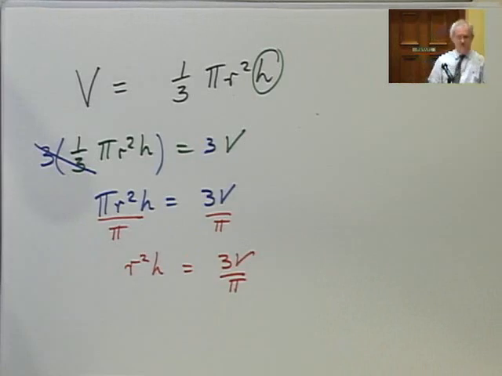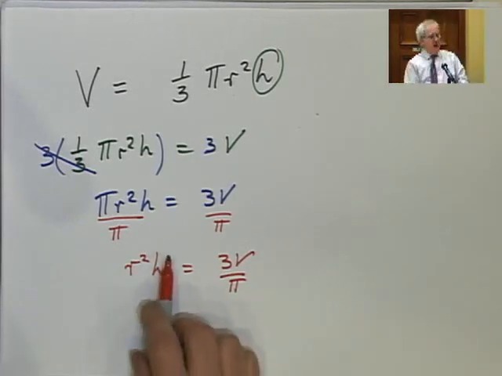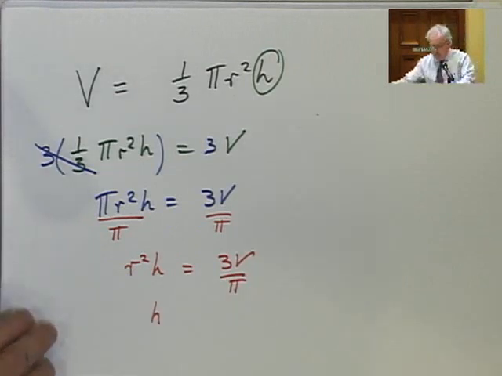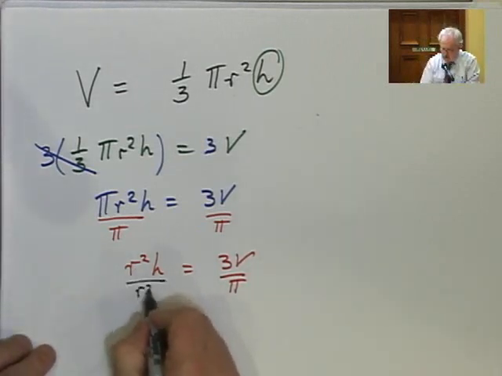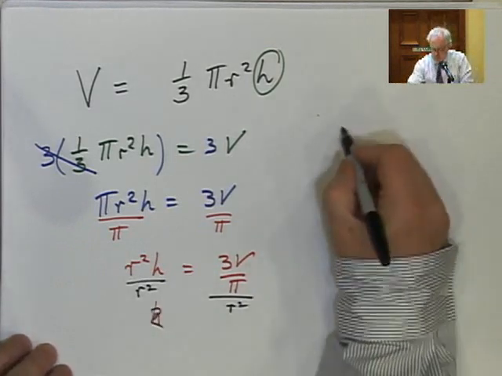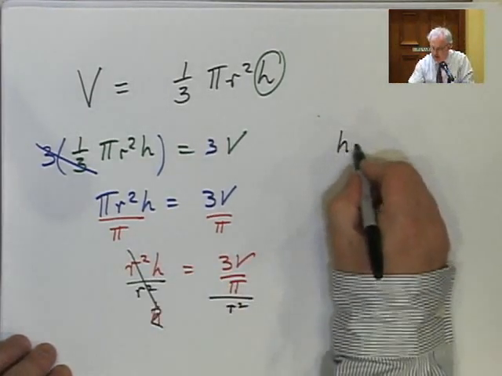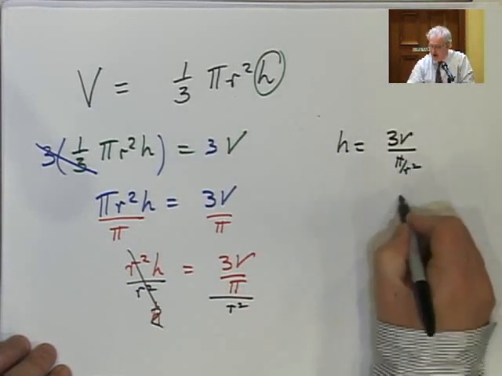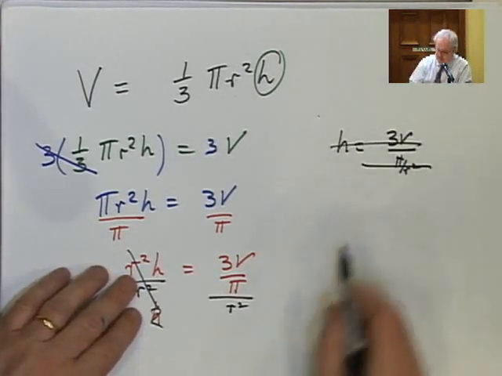In fact, not particularly keen on the r squared either. So h, well, I'm going to divide by the r squared, and I'm going to get h is equal to 3v over pi over r squared. Well, let me do that right, so we're not confused, okay?